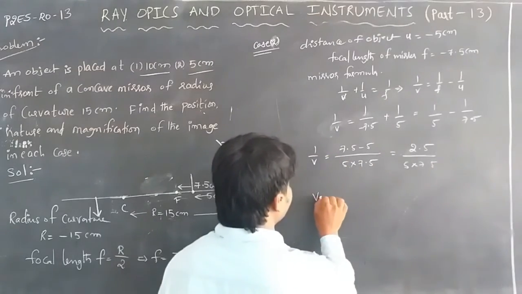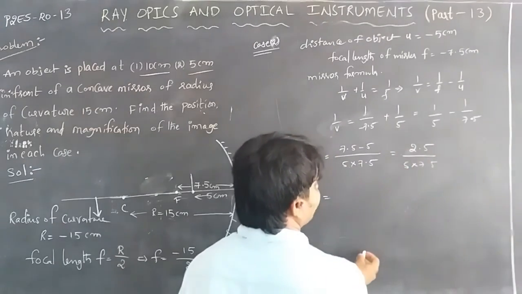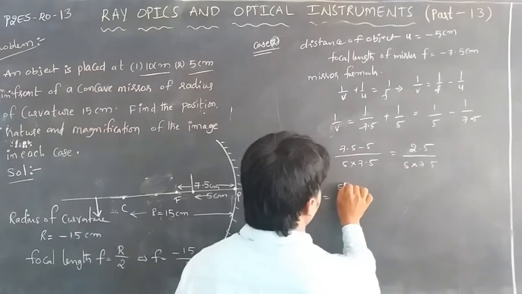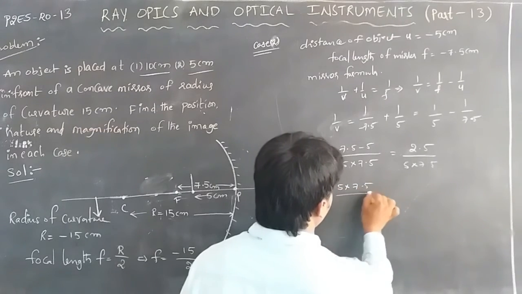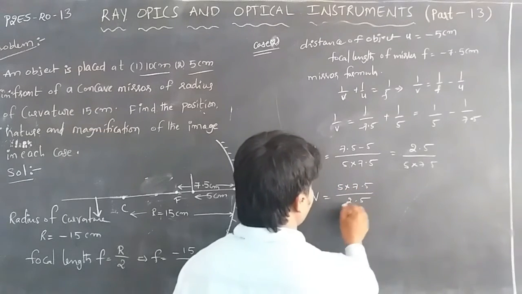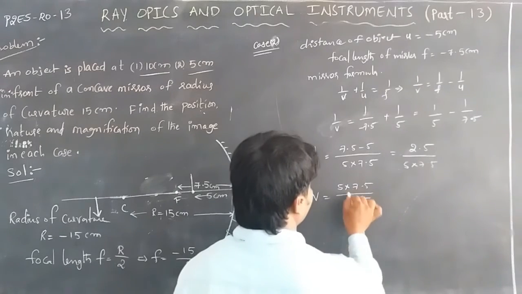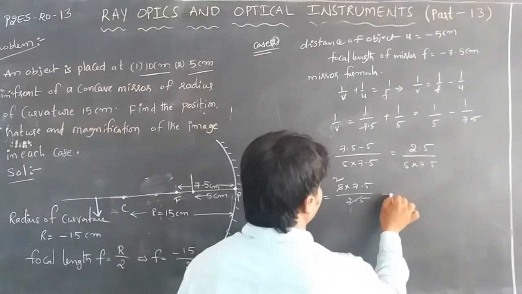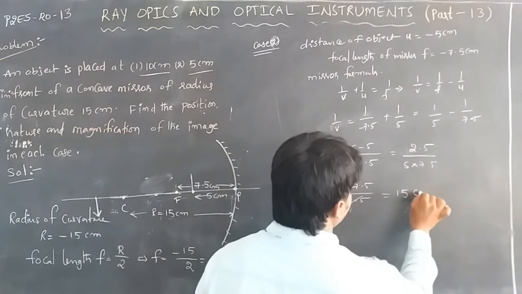So v is equal to 5 into 7.5 by 2.5, and we get the value 15 centimeters.